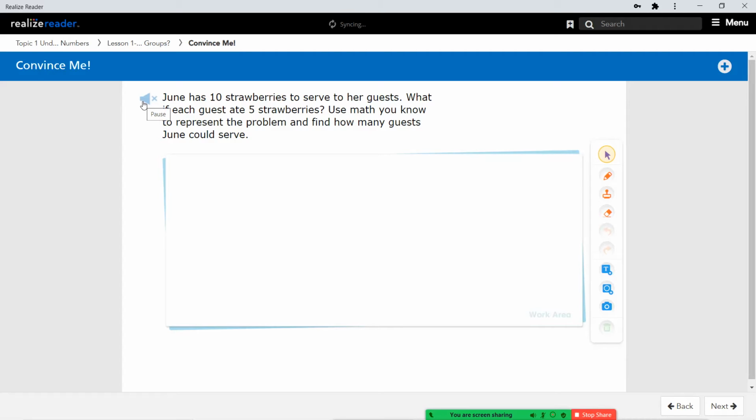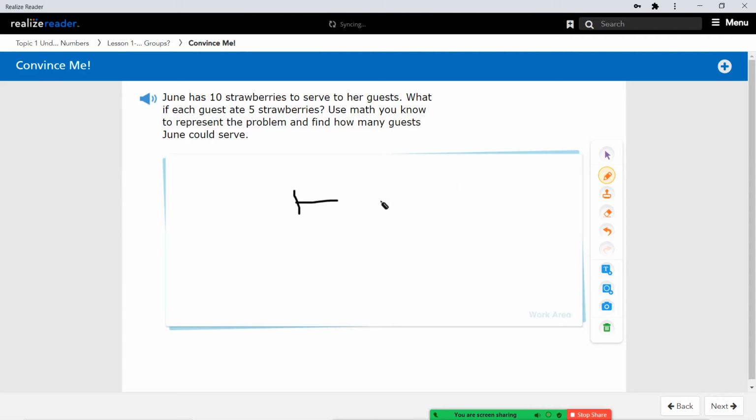June has 10 strawberries to serve to her guests. What if each guest ate 5 strawberries? Use math you know to represent the problem and find how many guests June could serve. Okay, so we're going to use the strategies we just learned from the previous part of our lesson.